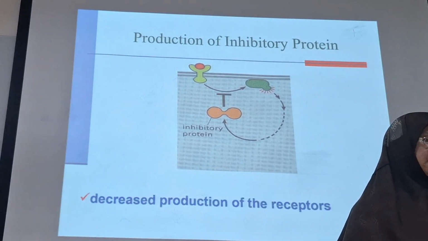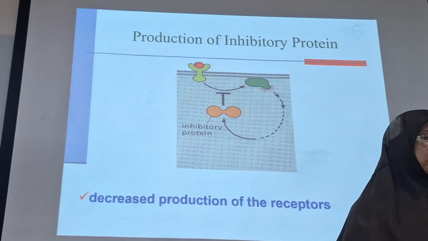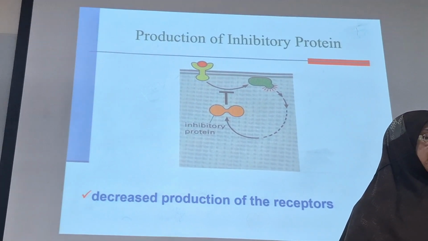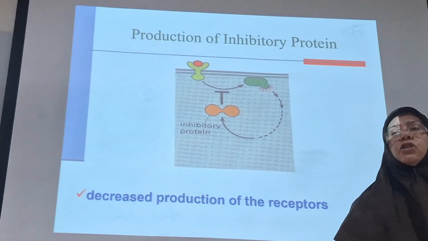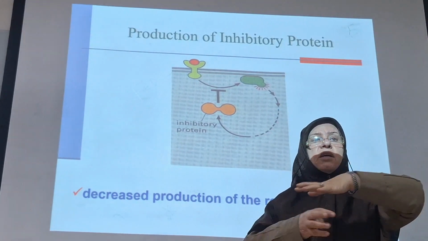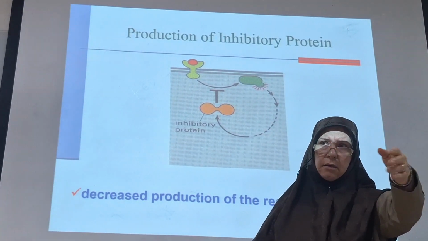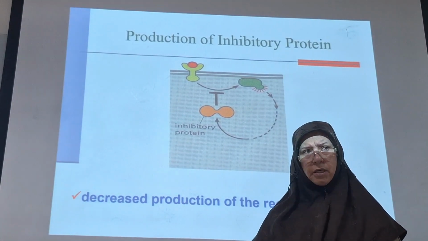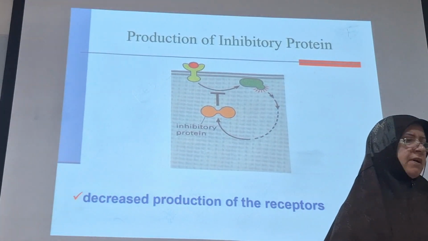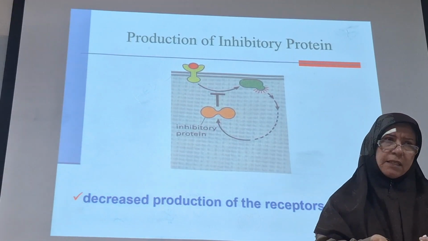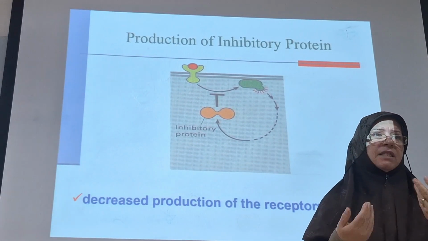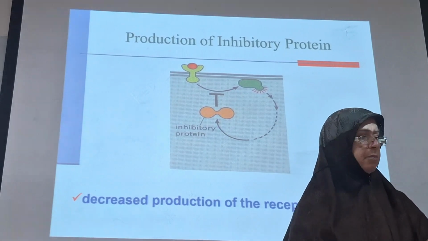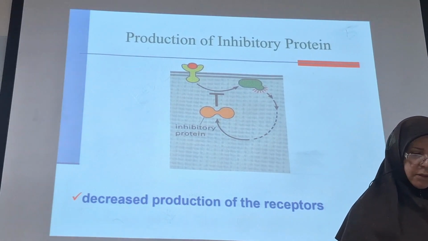And finally, some hormones decrease their own production: the hormone has an effect on the target cell and decreases its own production. So when the hormone increases, the number of receptors decreases, and we say downregulation because of these items.